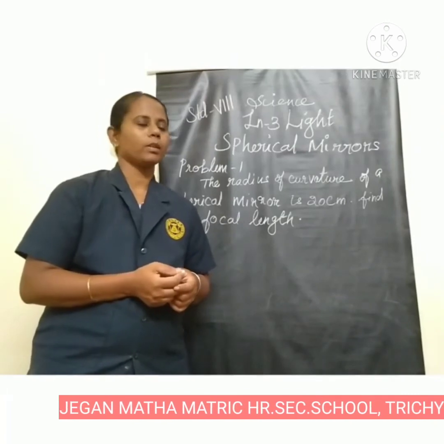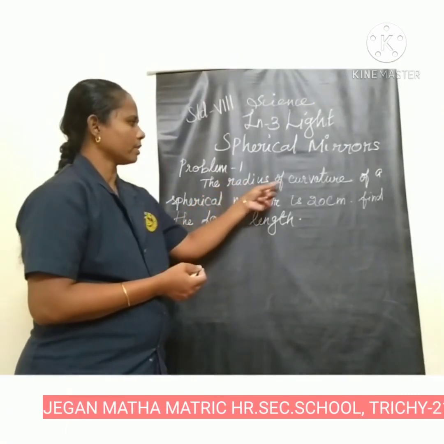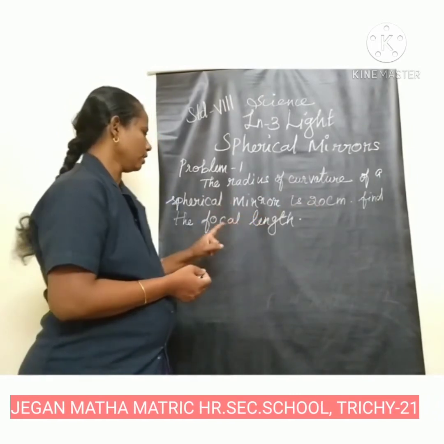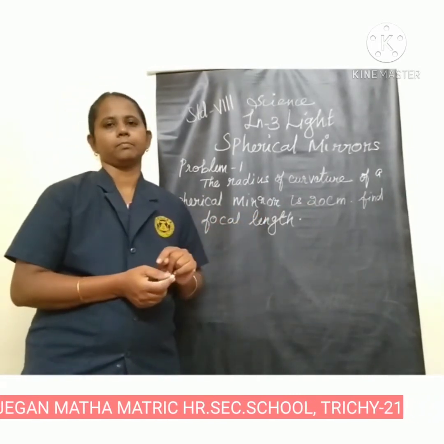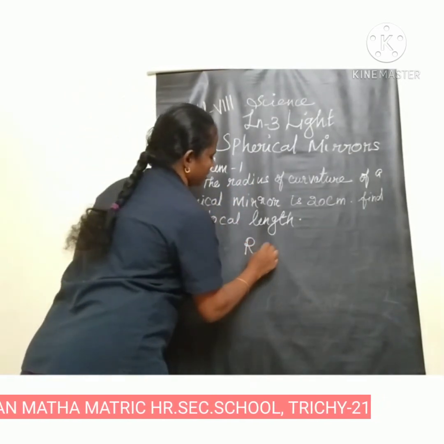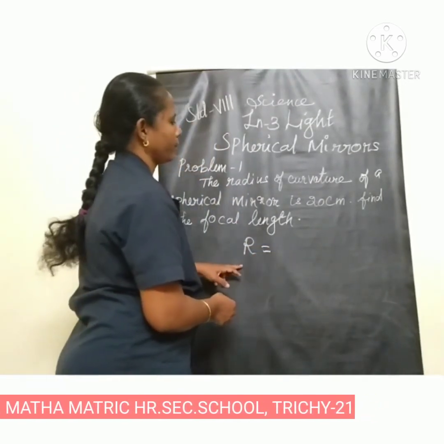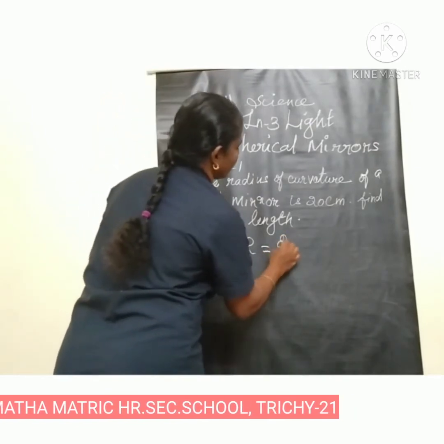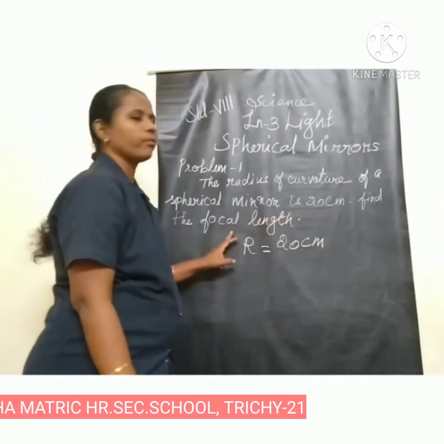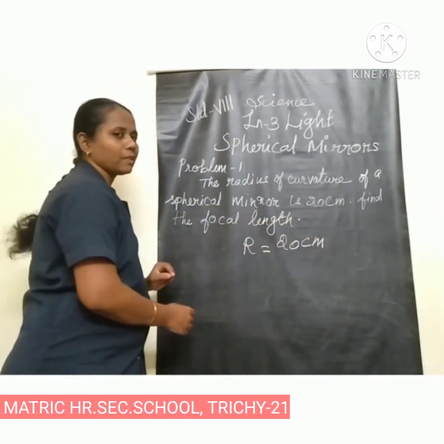I will do one problem. The radius of curvature of a spherical mirror is 20 cm. Find the focal length. What is the radius of curvature? R is equal to 20 cm. Find the focal length value. What is the formula?